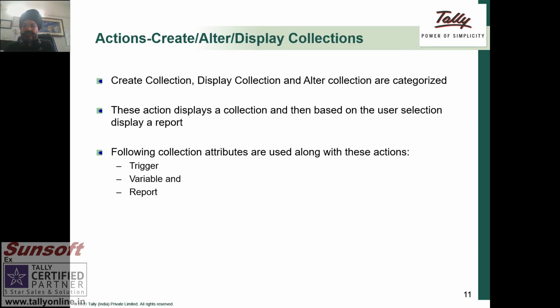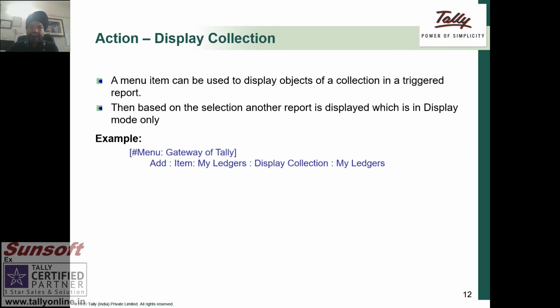Create collection, display collection and alter collection are categorized separately. These actions display a collection and then, based on the user selection, display a report. The following collection attributes are used along with this: trigger variable and trigger report. When we go to the section on trigger report, we'll see all these in detail. So right now we are moving ahead.